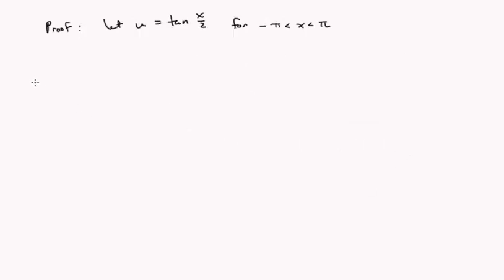I will finish the video now with the proof of the theorem used earlier in the lesson. Okay, so I'm going to let u equal tangent of x over 2 for x between negative pi and pi. Now I'm just going to write some items here. The cosine of x over 2 is equal to 1 over the secant of x over 2, by definition, equals 1 over the square root of 1 plus the tangent squared of x over 2.